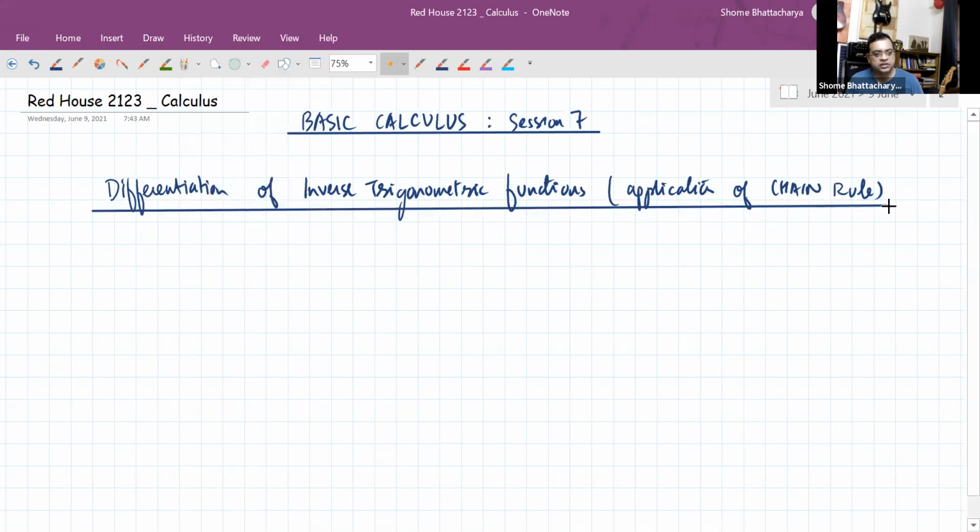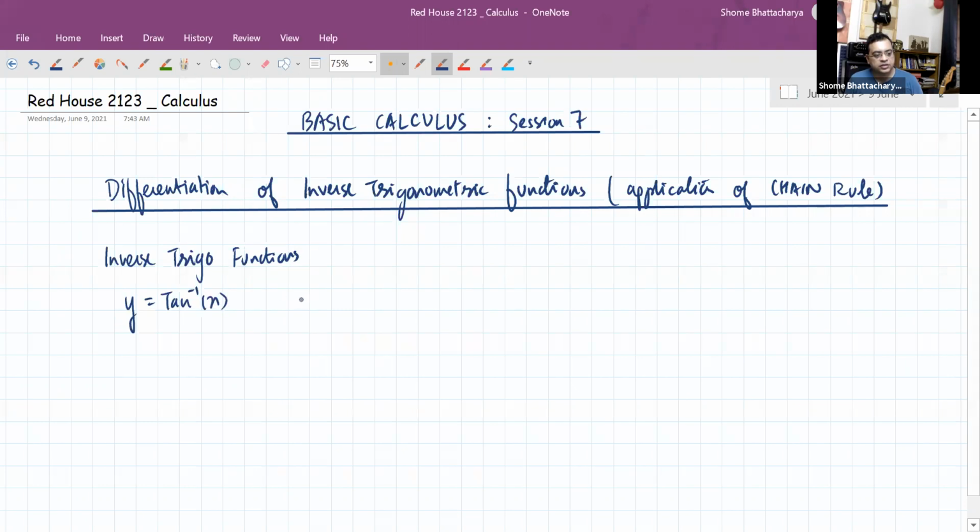So first of all, what is an inverse trigonometric function? It is a function that is, you can say, the reverse operation of a trigonometric function. So for example, if we have y is equal to tan inverse of x.